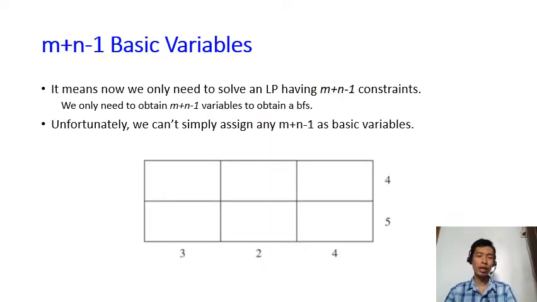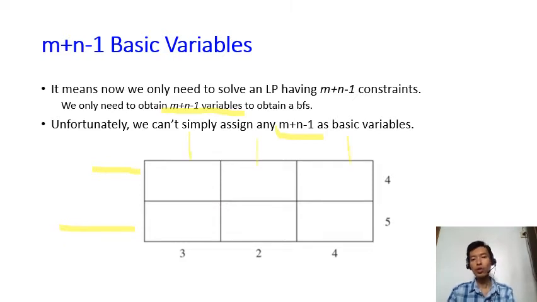So from the previous slide, we know that in order to find a BFS, we need m plus n minus 1 basic variables. Unfortunately, we cannot simply assign any m plus n minus 1 cells as basic variables. For example, here we have 2 supply points and 3 demand points.